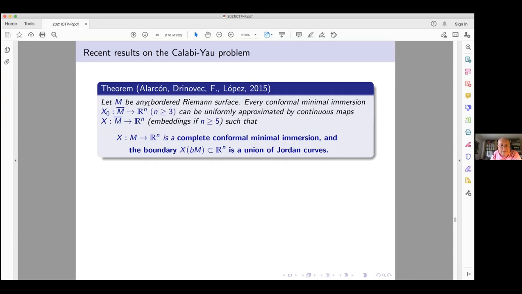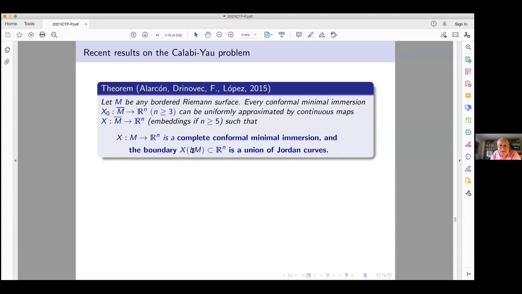We showed that if you take a bordered Riemann surface, so a Riemann surface with finitely many Jordan curves as boundary, say at least smooth Jordan curves, then in fact, if you start with any conformal minimal immersion of the closed surface, so this is compact now, so it will be bounded, we can uniformly approximate it by continuous maps, embeddings if n is at least 5, such that the interior is a complete conformal minimal immersion.